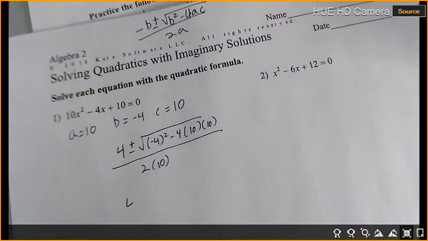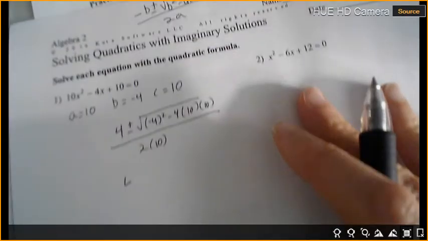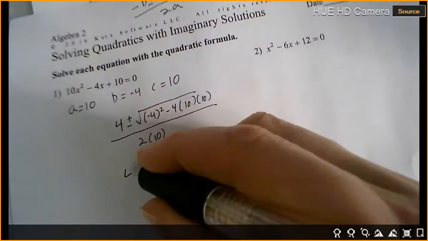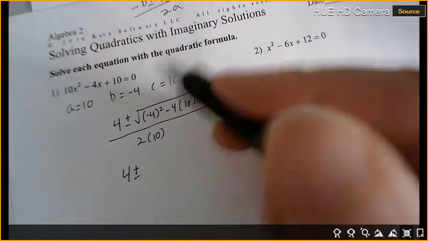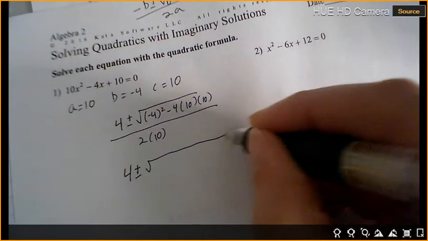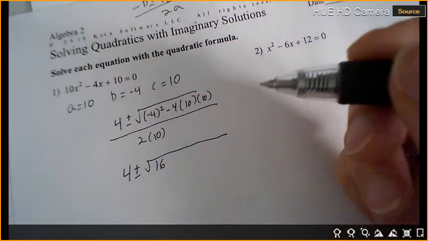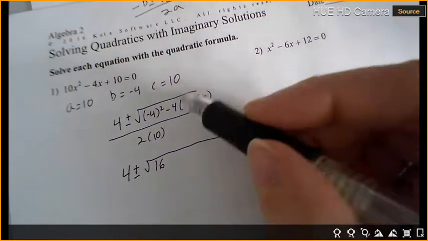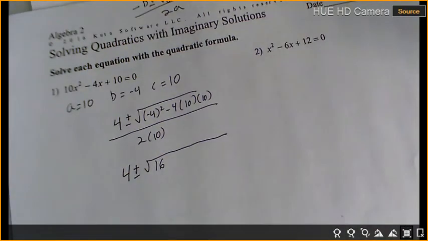So I'm going to do what's underneath the square root sign first. So I'm just going to have the 4 and plus or minus right here. But 4 times 4 is 16. It doesn't matter that it's negative, because a negative times negative is a positive. 4 times 10 times 10. So 4 times 10 is 40, and 40 times 10 is 400.